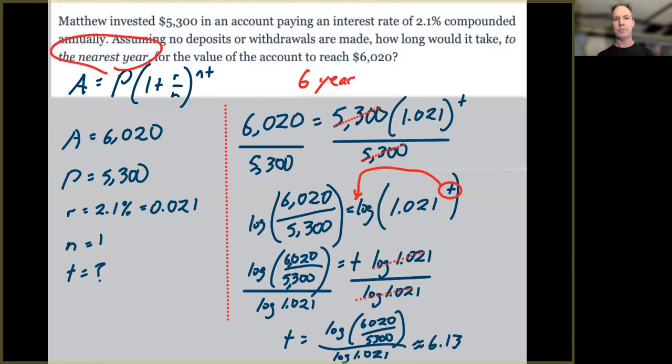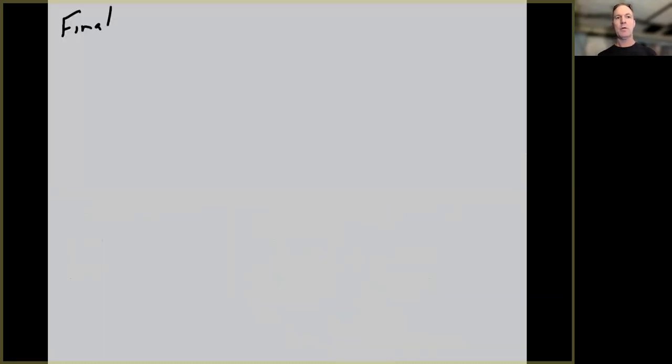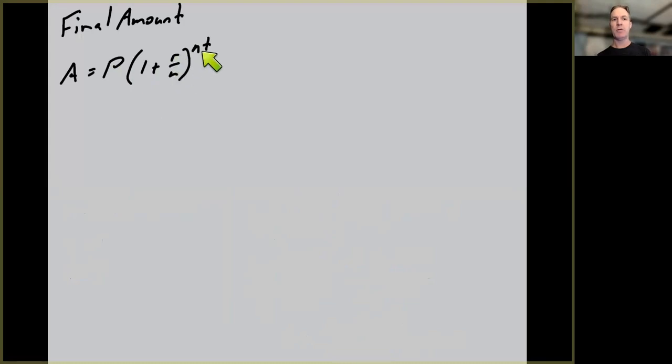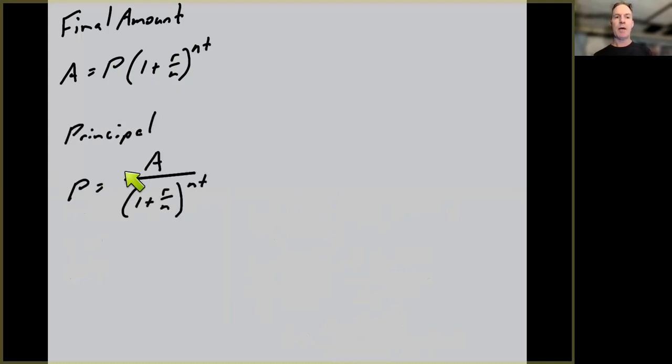If you're just looking for the final amount, if you're looking for A, you can just use this equation here: principal amount times 1 plus the interest rate divided by the number of compounding periods, raised to the power of the compounding periods times time. If I'm looking for the principal amount, I just divide both sides by this whole thing, which is just going to be the final amount divided by 1 plus r over n to the nt power.